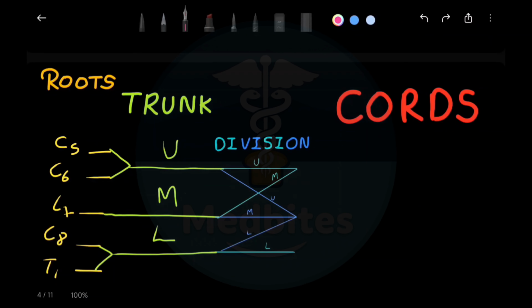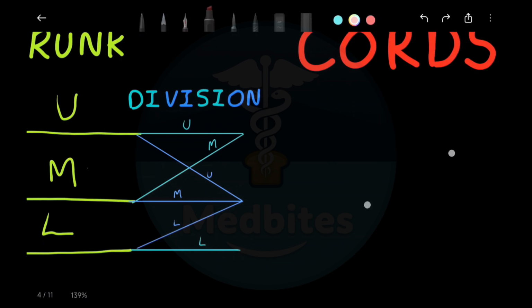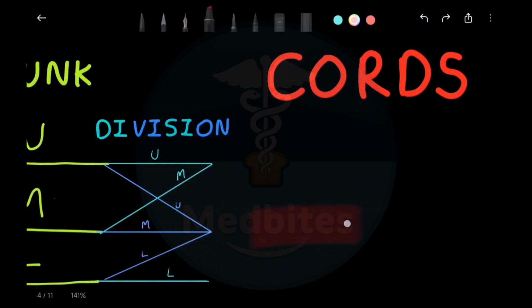After the divisions, let's make the cords. The cords are named according to the relationship with the second part of the axillary artery. If we consider this as the second part of the axillary artery, then the lateral cord will be formed by the anterior divisions of the upper and middle trunk.